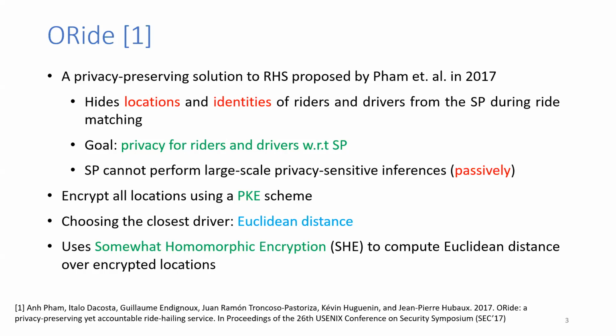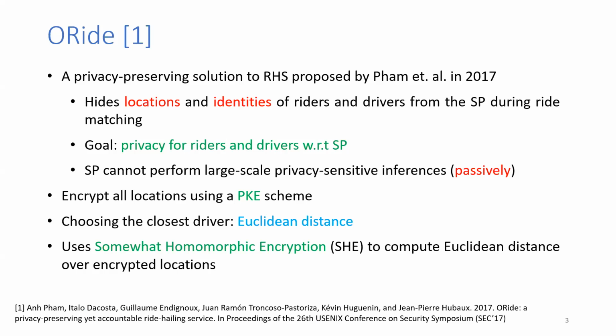By achieving this goal, the SP cannot perform large-scale privacy-sensitive inferences on riders and drivers. For example, identifying the general pickup location and drop-off location, or the density of riders and drivers in the zone. These kinds of passive attacks are prevented here. All locations are encrypted using a public key encryption scheme.